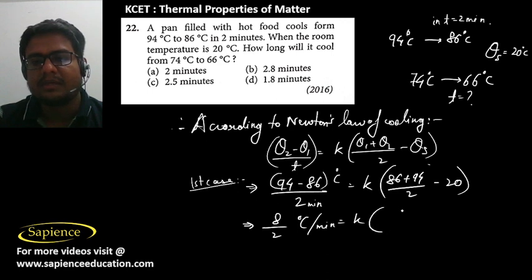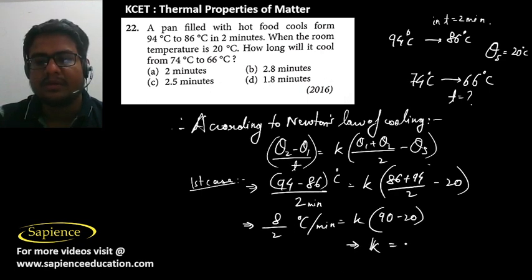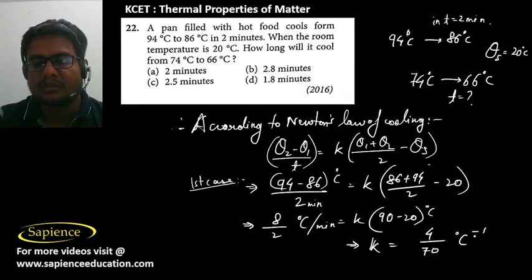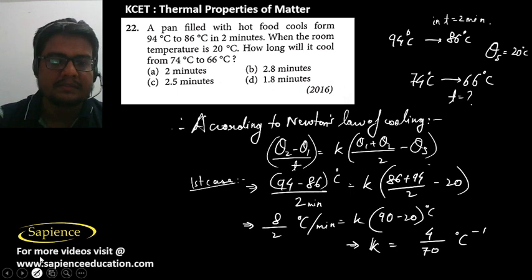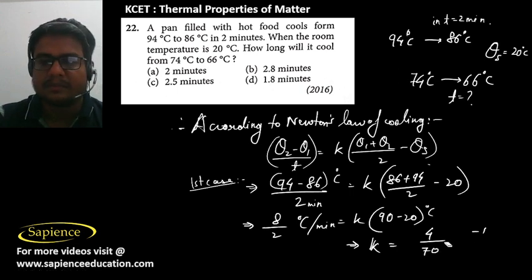That will be equal to k into (90 minus 20), so k will be equal to 4 by 70 per minute. It's coming in minute inverse.